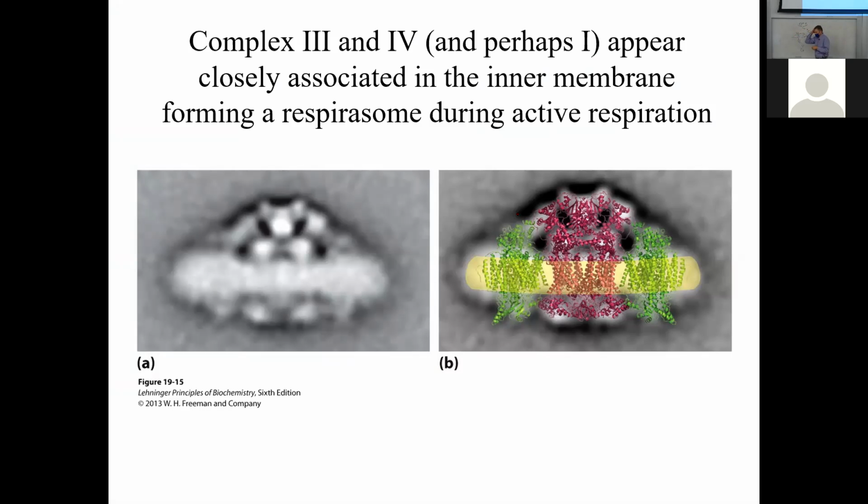They form this even larger super complex of complexes, which may allow for more efficient transfer of electrons. Maybe we reduce side reactions of ubiquinol with other things, because now we are positioning things right next to one another and allowing for very efficient transfer.